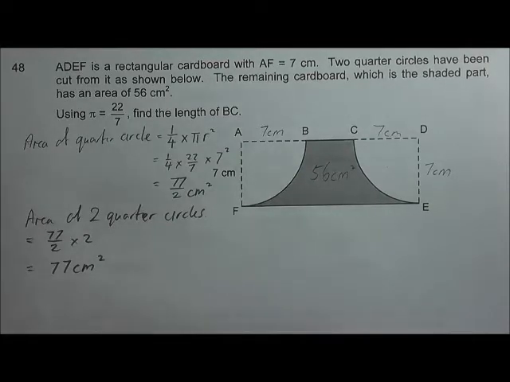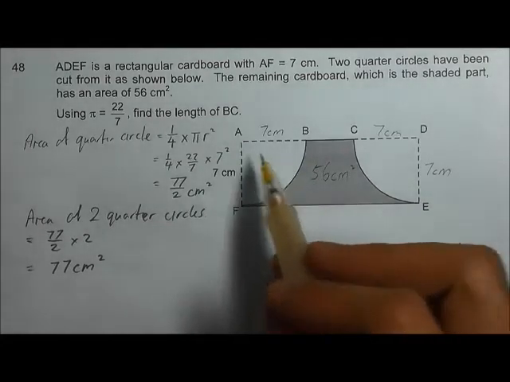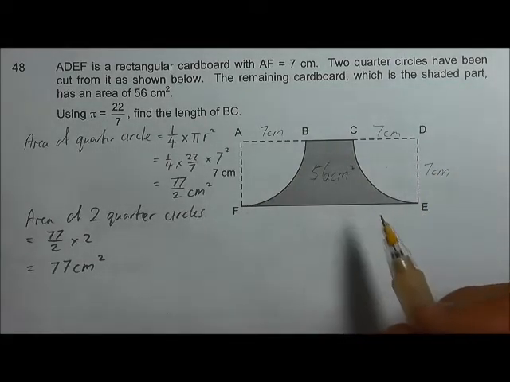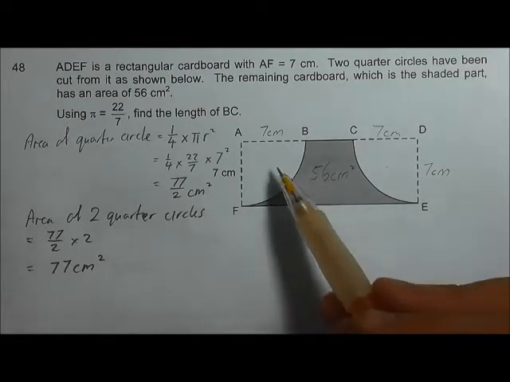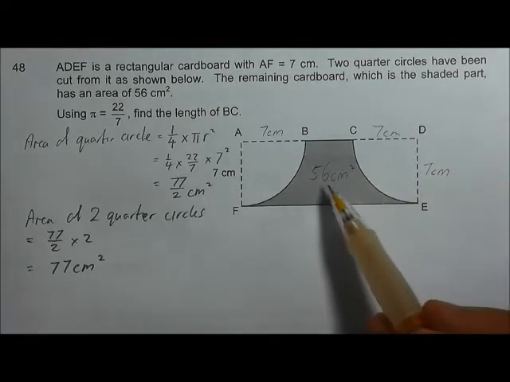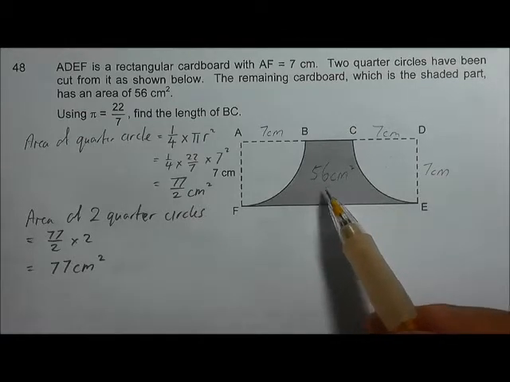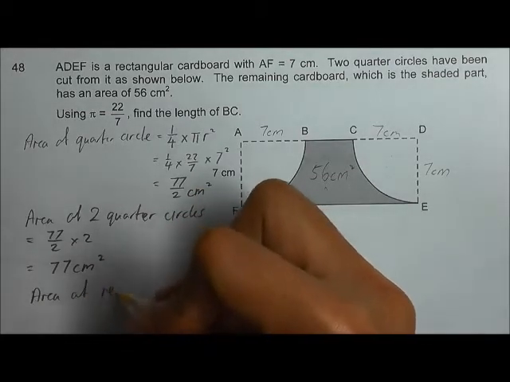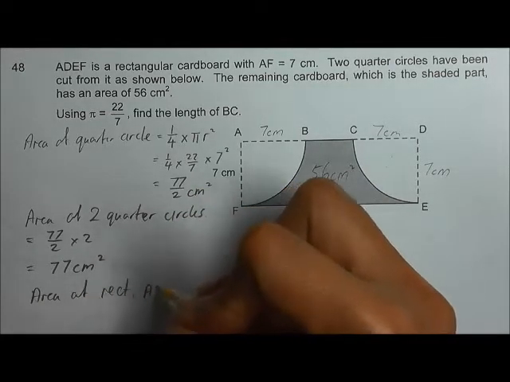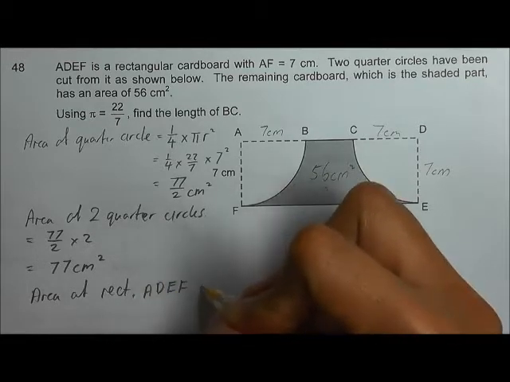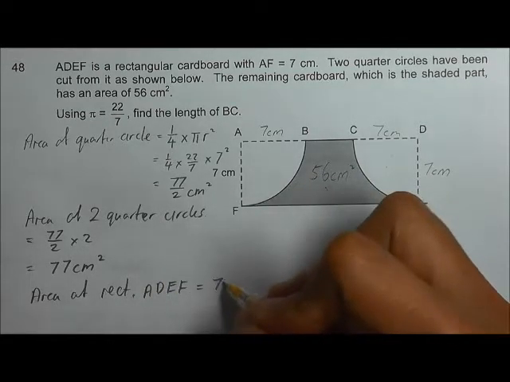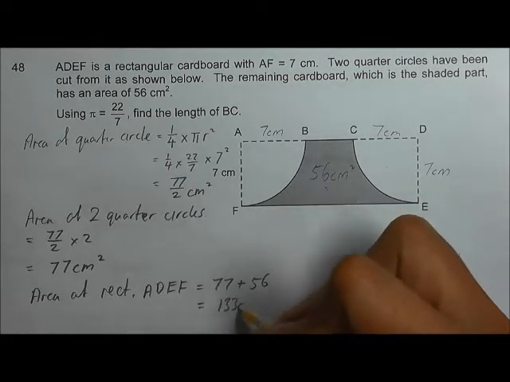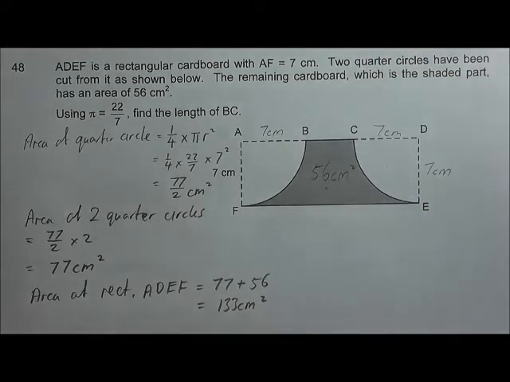Okay, next we can find the total area ADEF. That will be just the area of the 2 quarter circles plus the area of the shaded part here. So area of rectangle ADEF will be 77 plus 56. That will give us 133 cm square.